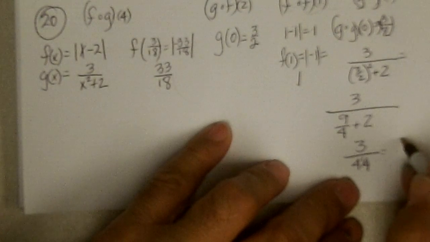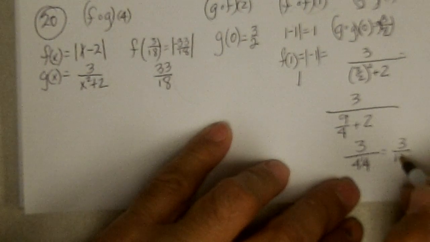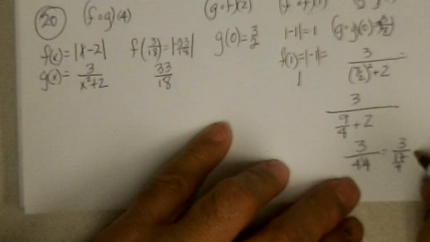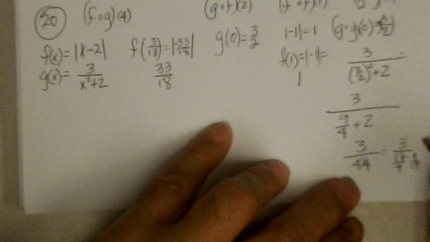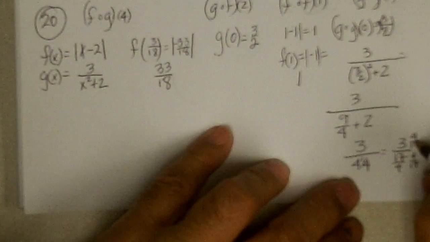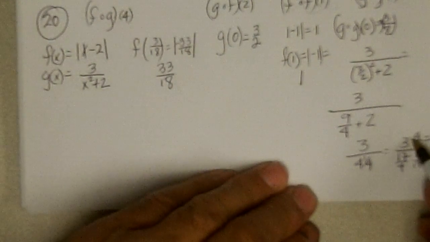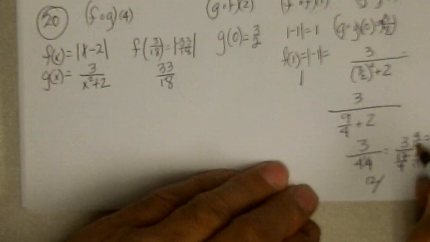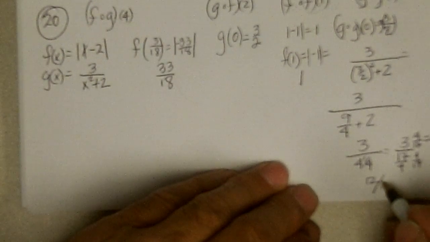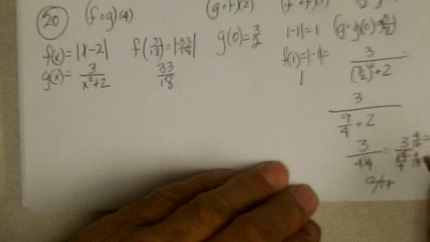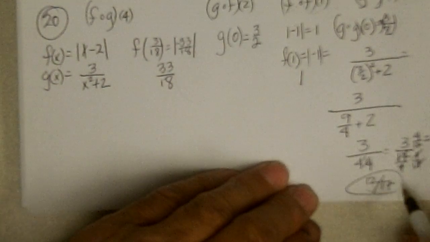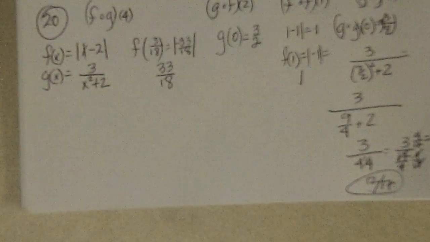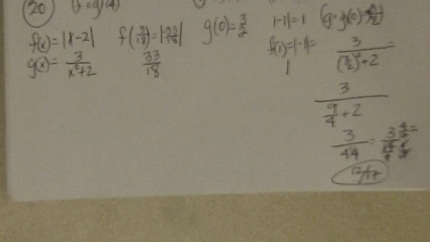So I've got 3 divided by 17 fourths, and I can multiply by 4 17ths and 4 17ths, and I end up with 3 times 4 is 12 over 1 times 17 is 17, and these cancel to be 1, and so 12/17 is my answer for the last part of 20.